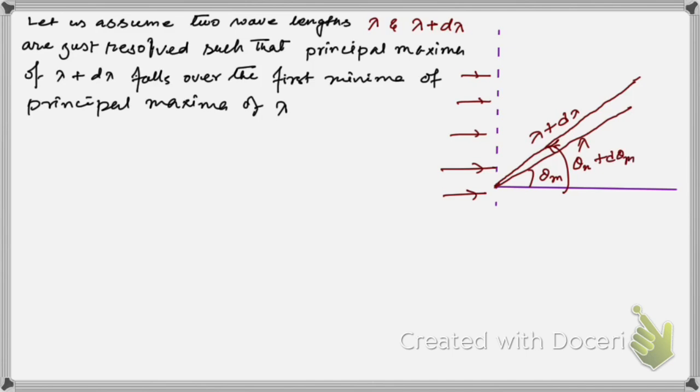Here you see, this is the mth order maximum of lambda.